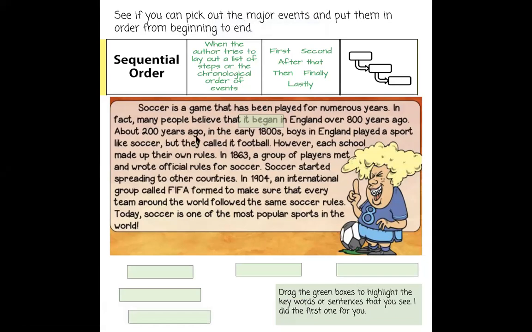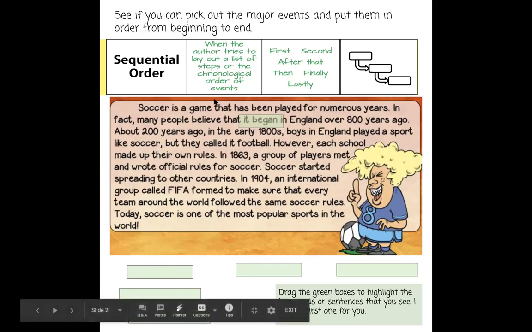About 200 years ago, let's see here, about 200 years ago. Any of those are going to be another clue word, like, okay, this is when it happened in the early 1800s. Again, maybe a clue. It's a date. This is when something happened. So you're going to go through and you're going to pick them out, highlight them with your green box.